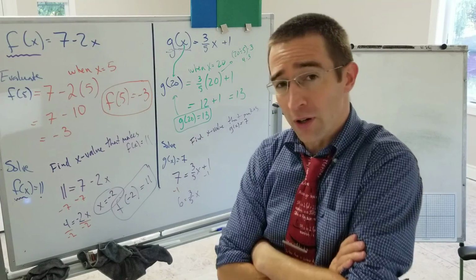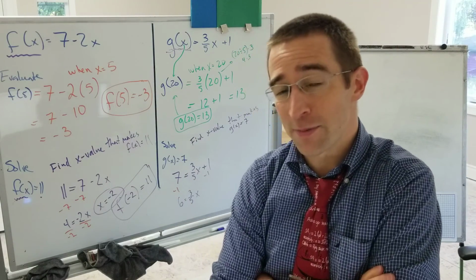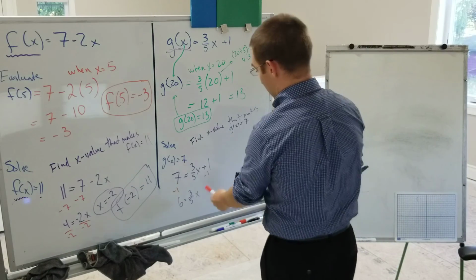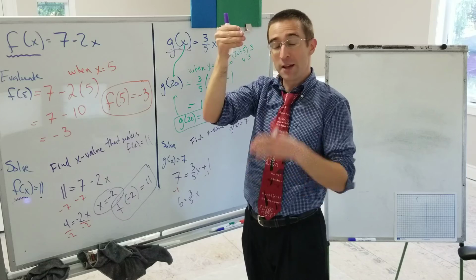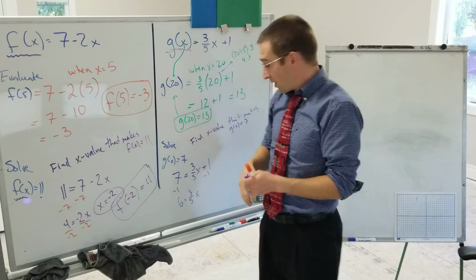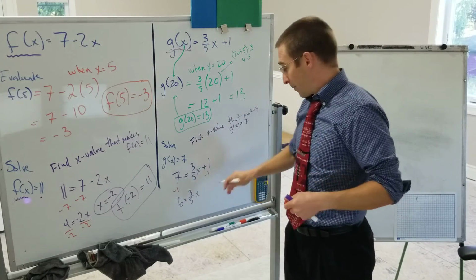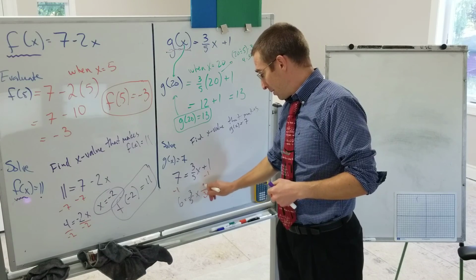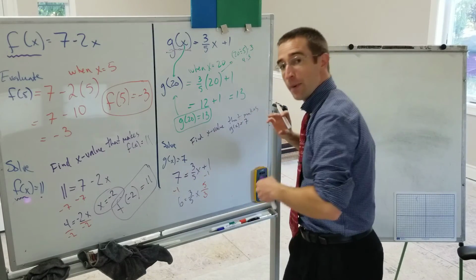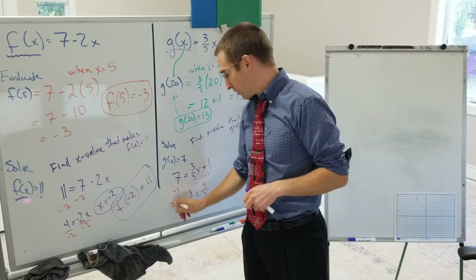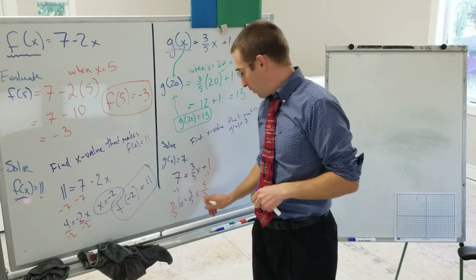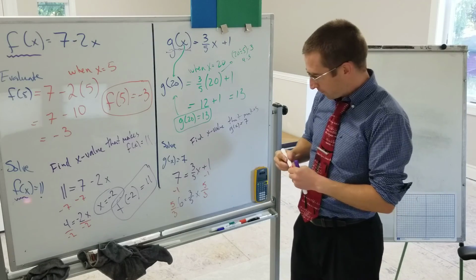Now remember, multiplying by 3/5 means dividing by 5 and multiplying by 3. Top number of a fraction is a multiply, bottom number of a fraction is a divide. So I'm going to do the opposite of that. I'm going to divide by 3 and I'm going to multiply by 5. Or I'm going to multiply by the reciprocal of that fraction. So 5 over 3. We multiply that on both sides.